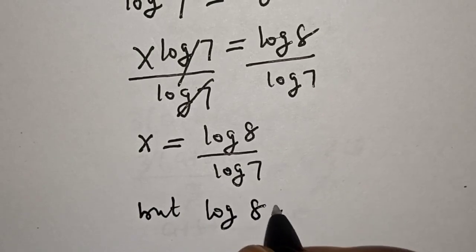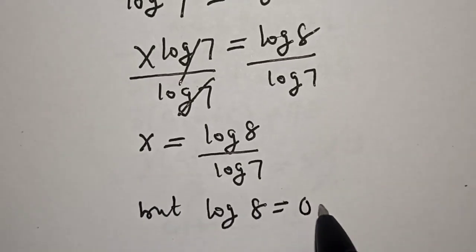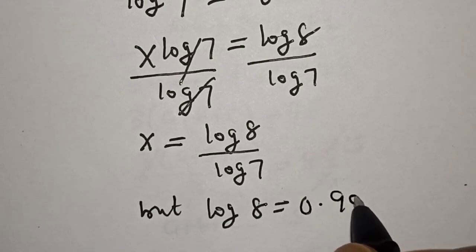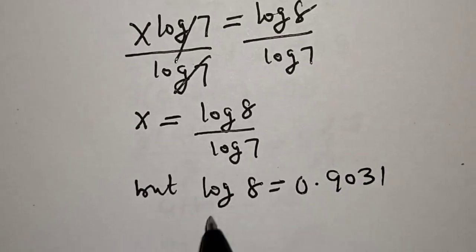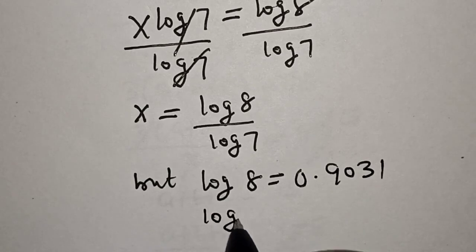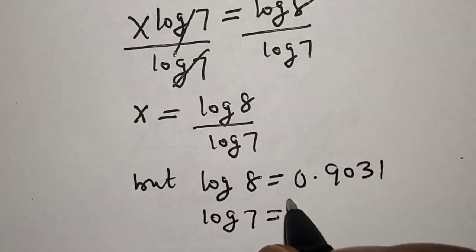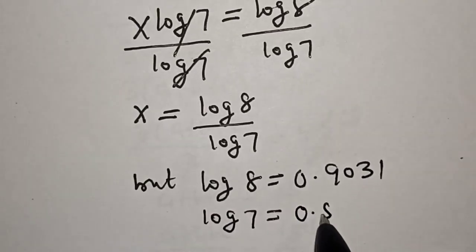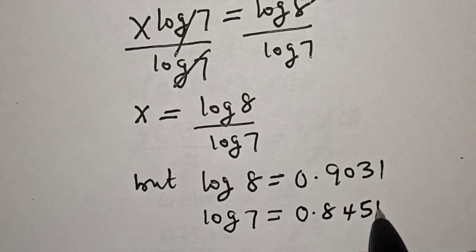But log 8 is equal to 0.9031 and log 7 is equal to 0.8451.